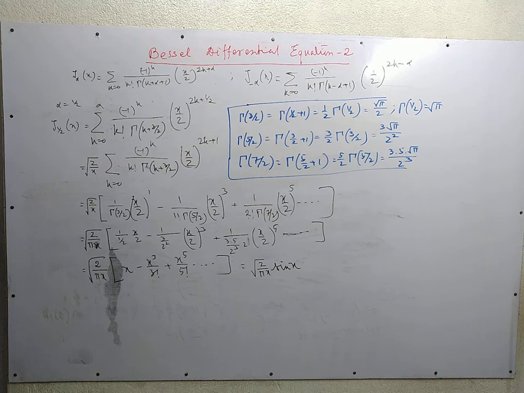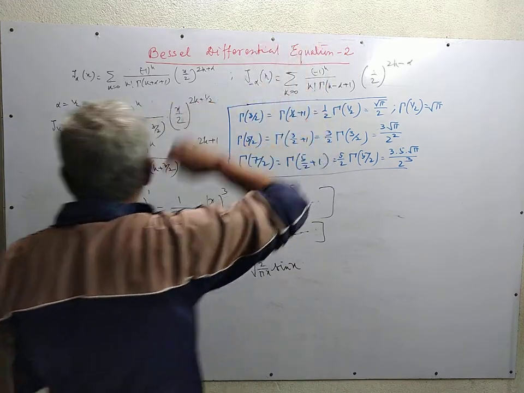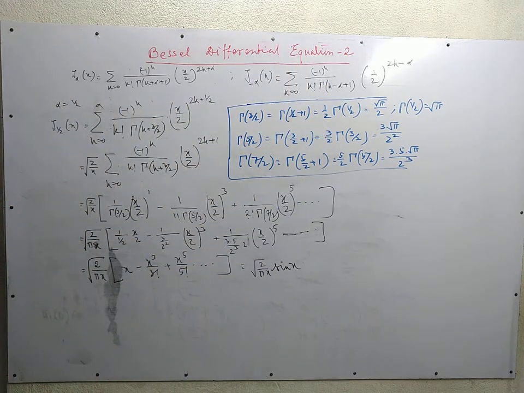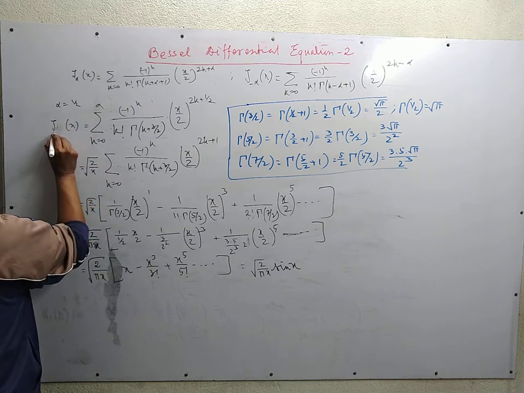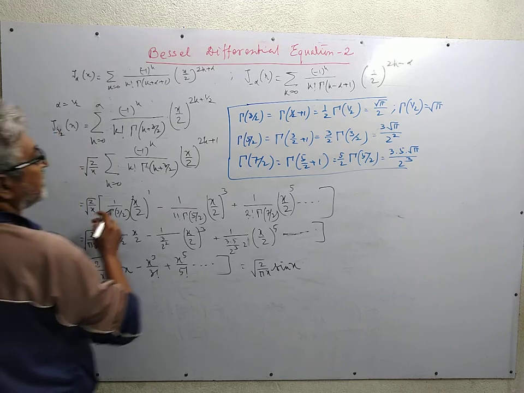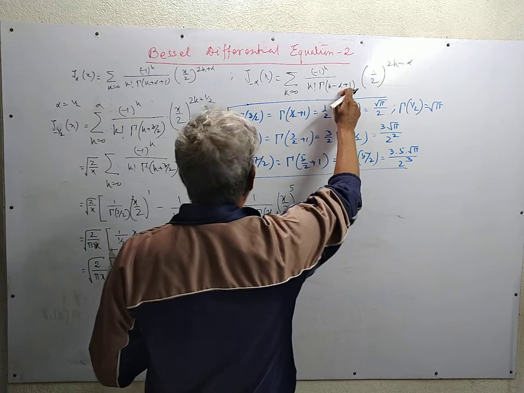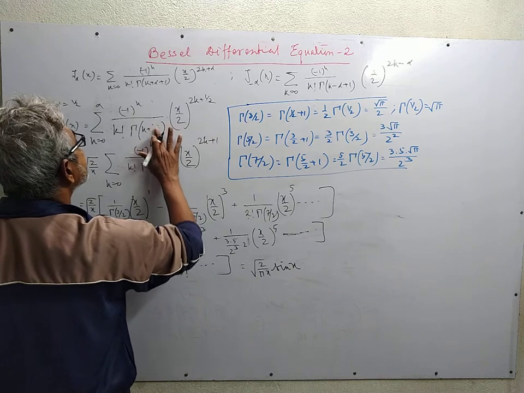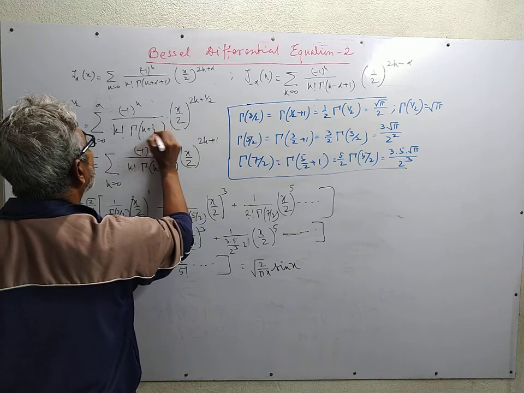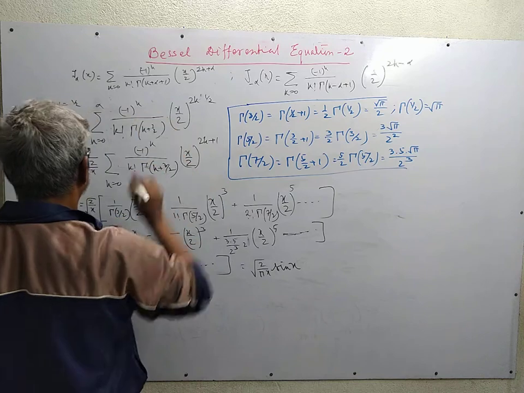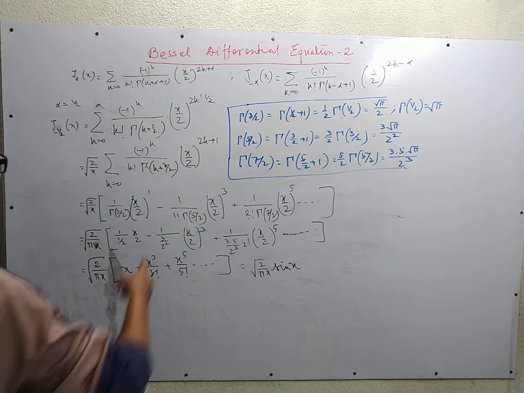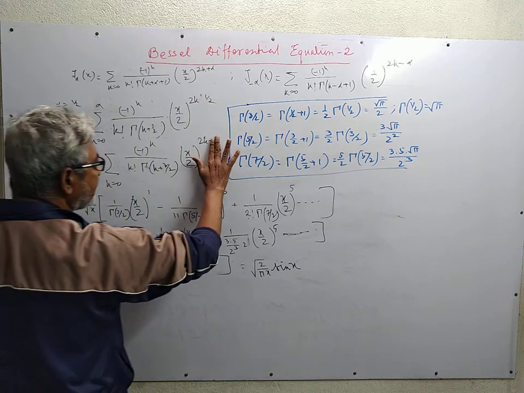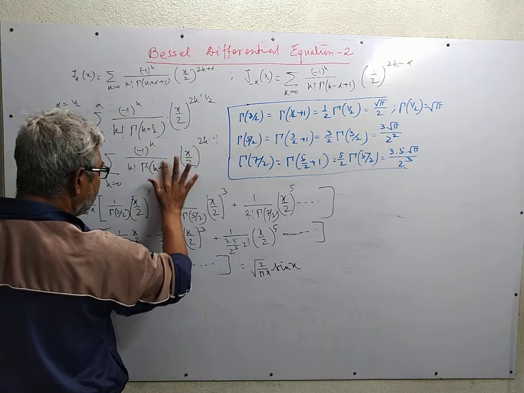For j of minus half, we shall use this expression, and j of minus half, in this case it is half, so this is, and this will be minus. Now if we take this out, this factor is this, and this is half.